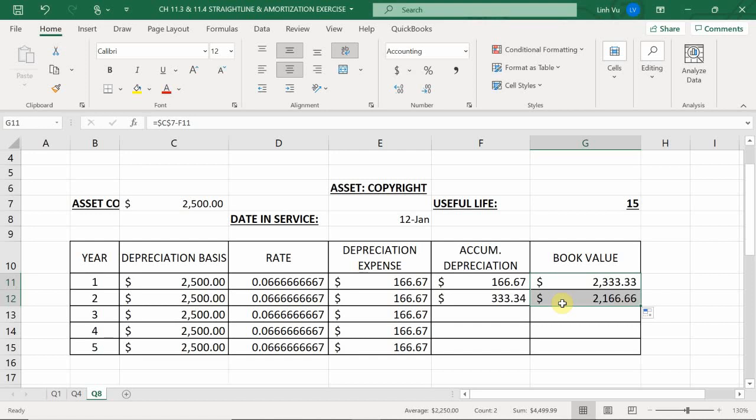So then what is my accumulated depreciation for year 3?